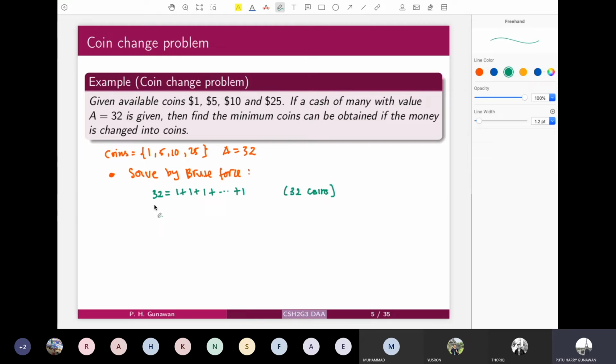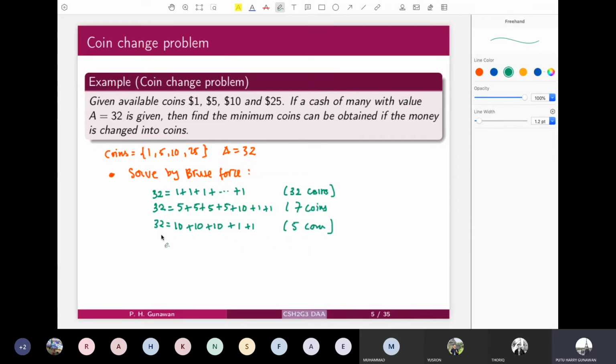You generate all the possibilities of 32 as your solutions. For instance, 5 plus 5 plus 5 plus 5 plus 10 plus 1 plus 1, which is 7 coins, right? Maybe you will find 32 is 10 plus 10 plus 10 plus 1 plus 1, which is 5 coins.